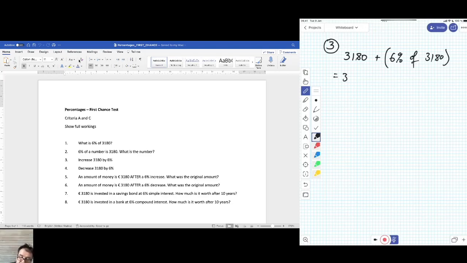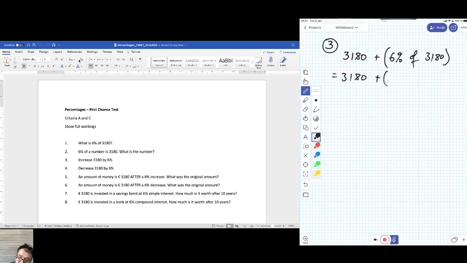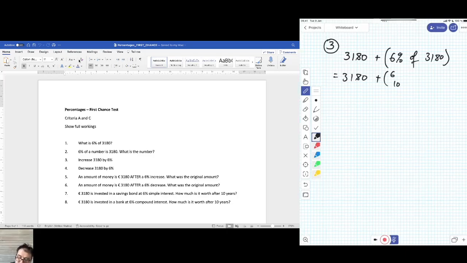So that's 3,180 plus 6 on the top, 100 on the bottom, big fraction, times for of 3,180 on the top, and then work all that out.